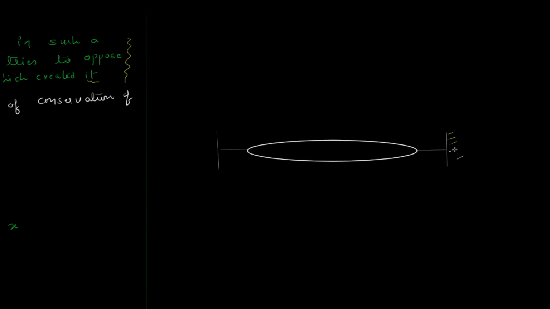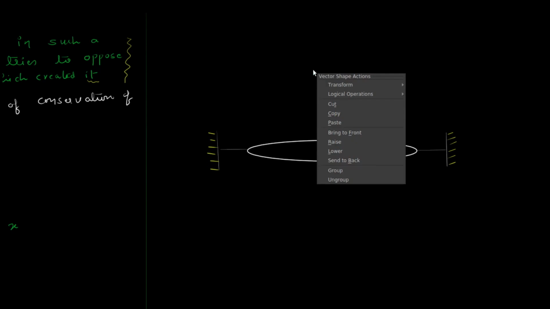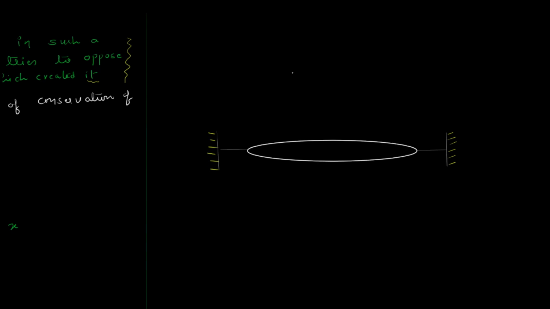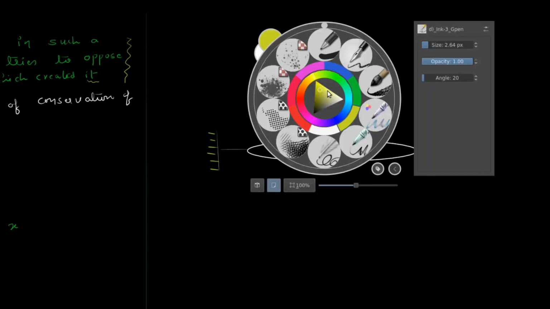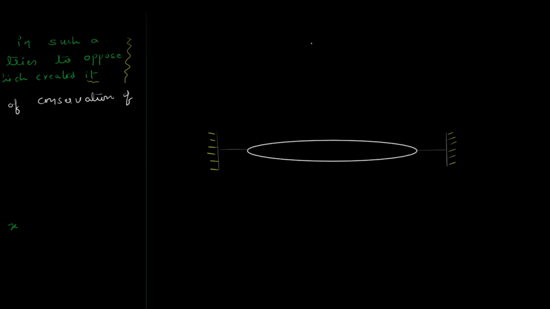So actually it's a horizontal ring, attached to these walls. And over here we have a bar magnet, something like this, with the north pole of the bar magnet facing the ring. South pole of the bar magnet is of course away from the ring.